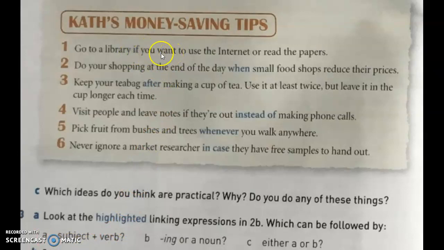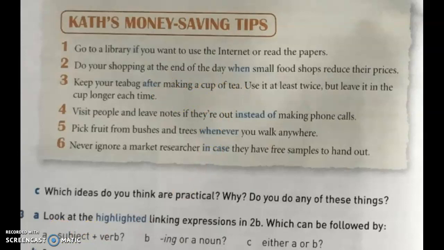Can't be followed by ing. And instead of is B, isn't it? It can be followed by ing or a noun. Instead of making phone calls, or instead of a phone call. And either A or B might be after. So after making a cup of tea, or after you make a cup of tea.